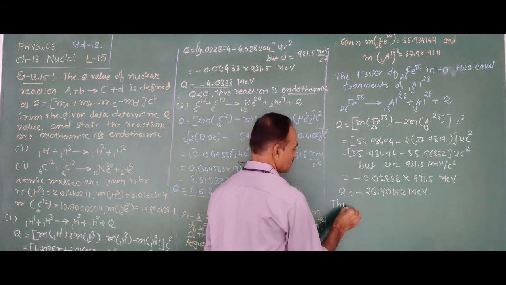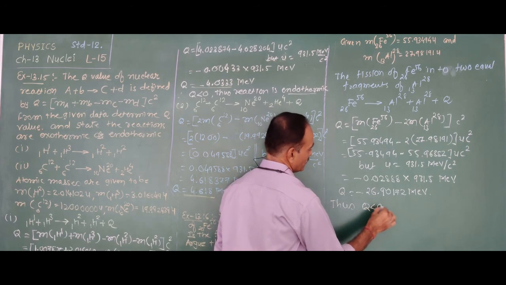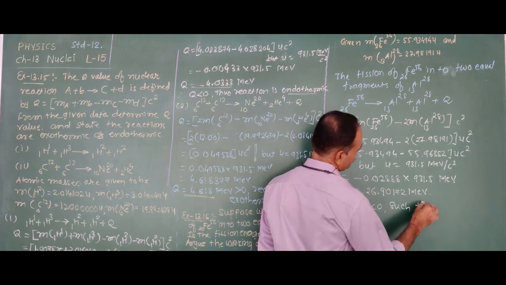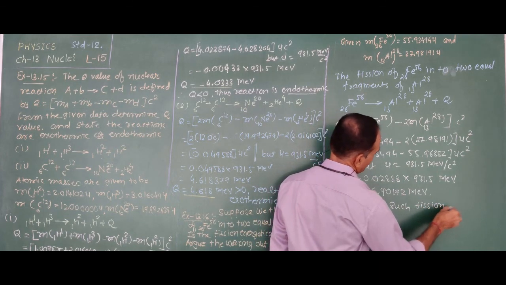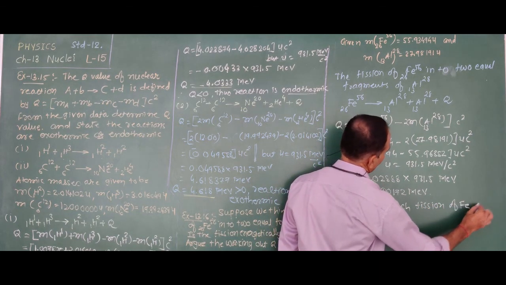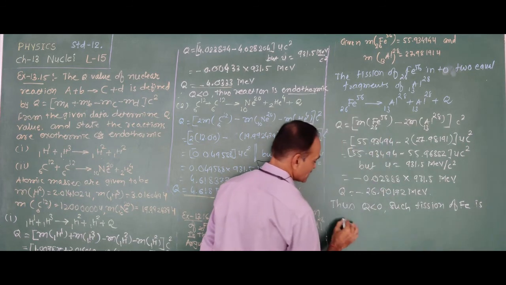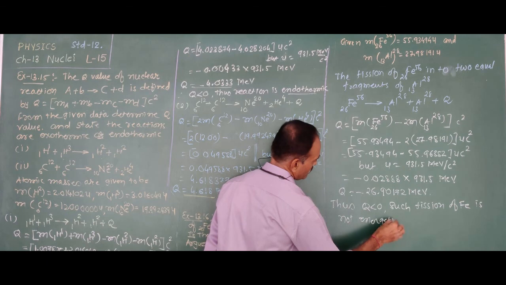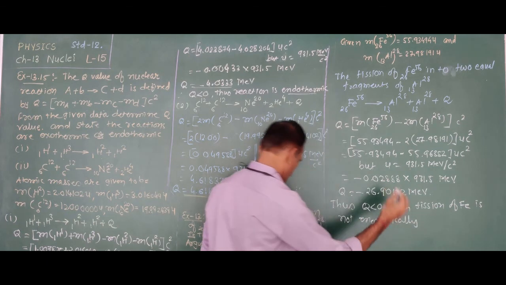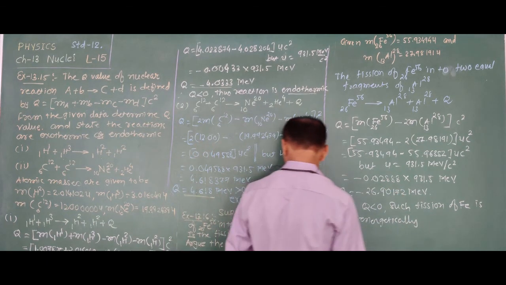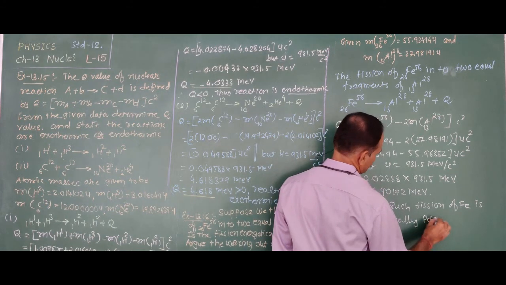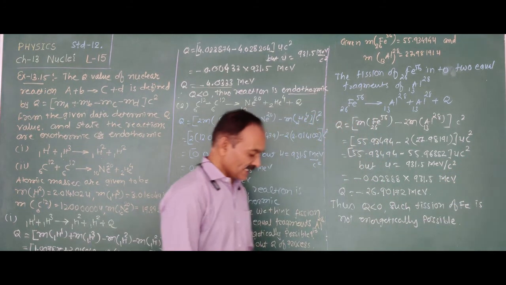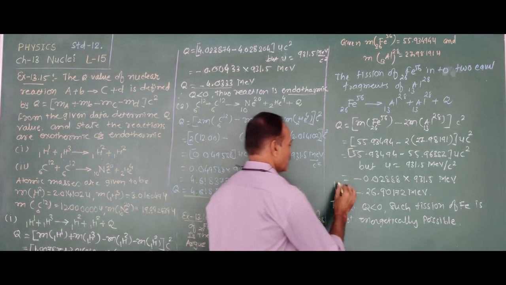Thus, Q is less than 0. Such fission of Fe is not energetically possible, because here the Q obtained is negative.